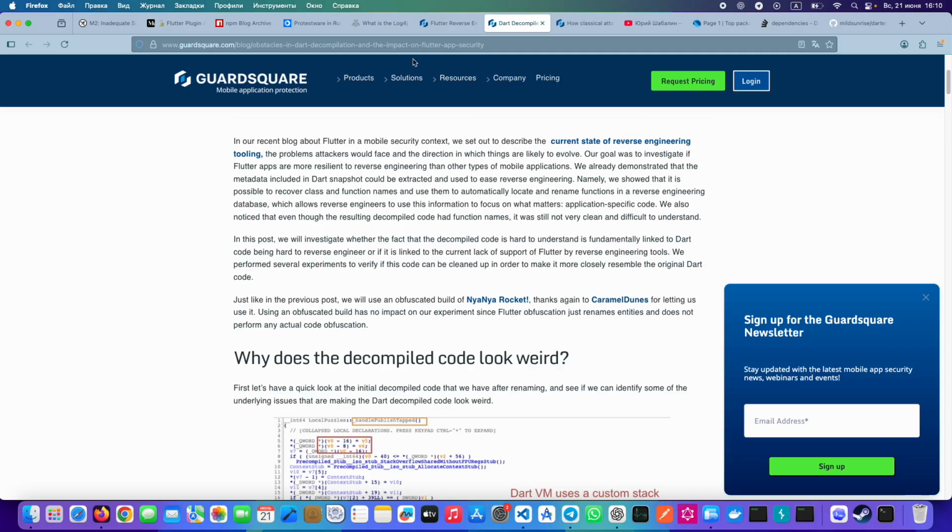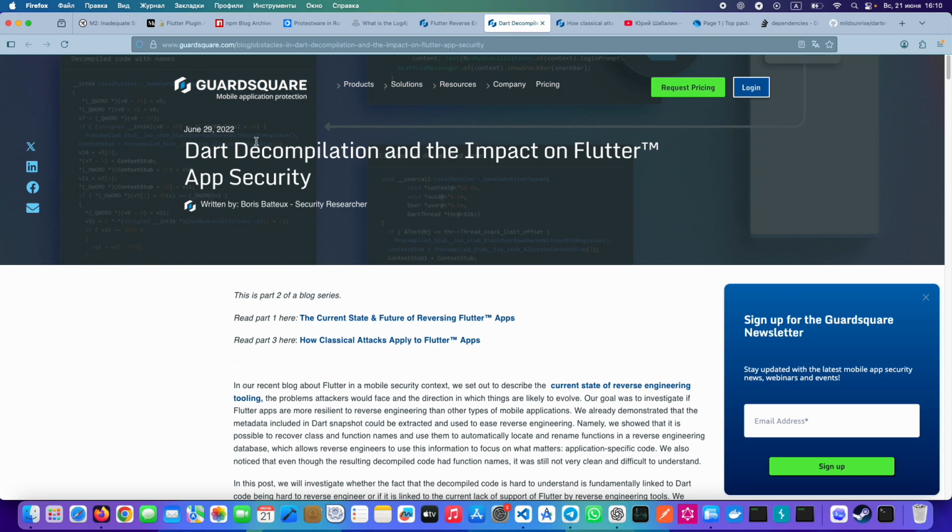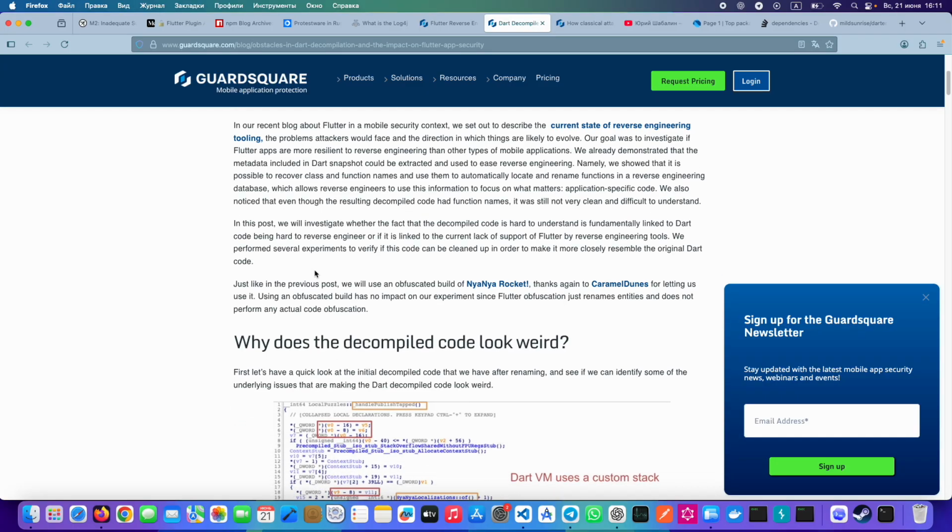But in the second, Flutter Dart compilation topic, they talk about whether there are enough tools for Flutter and Dart reverse engineering.